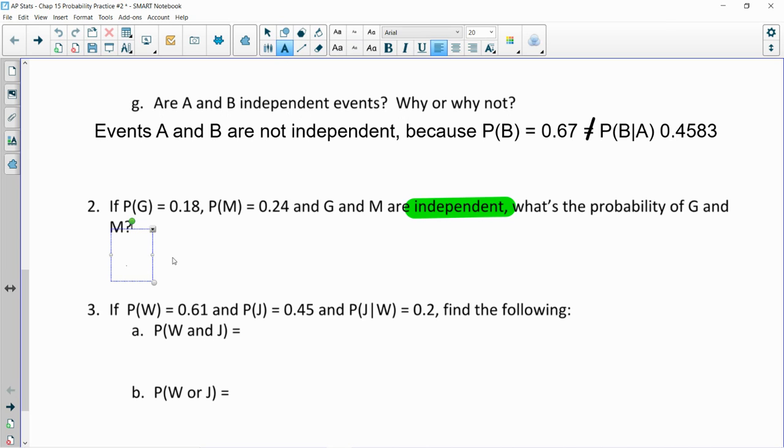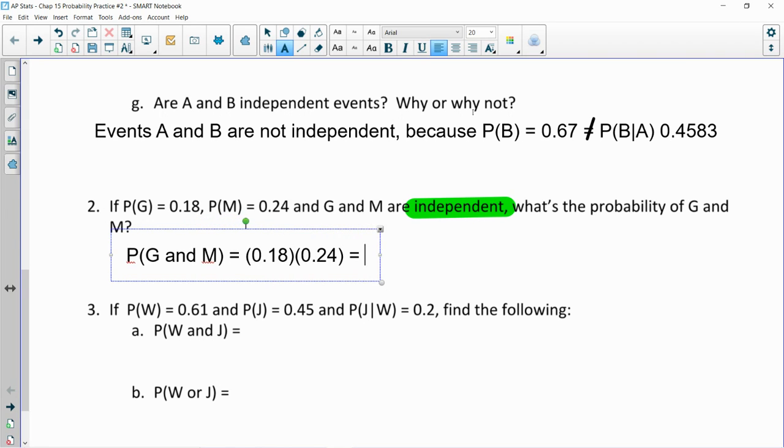So let's go ahead and write this out. So the probability of G, I'm going to use the word and since the smartboard software isn't real hip on symbols, G and M, due to the fact that they are independent, is really just the probability of G times the probability of M. And when we put that together, we get 0.0432.